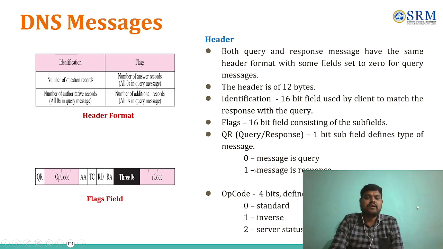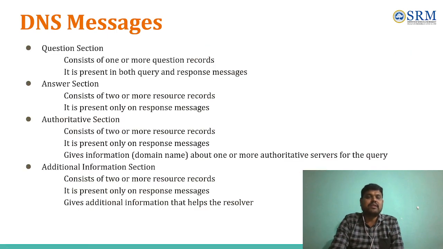The answer section will give you the response for the particular question. The authoritative section consists of the resource records from where the answer is generated, and it is present only in response messages.